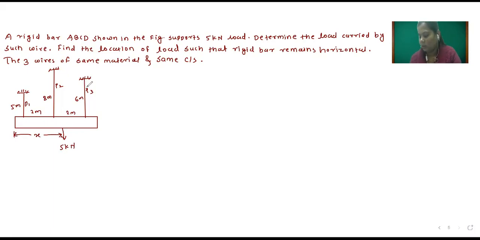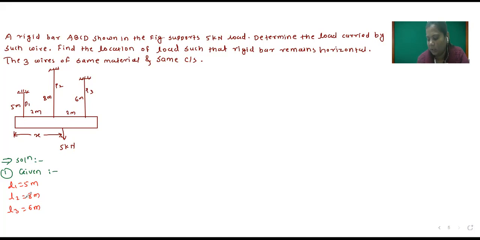Now we will solve. First step is the given parameters. Given parameters are: length of rod 1, L1, is equal to 5 meter, length of rod 2 is 8 meter, and length of rod 3 is 6 meter.